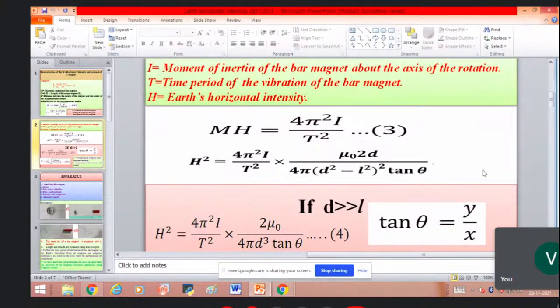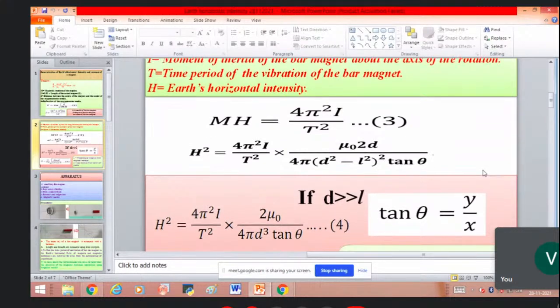And if the distance between the center of the magnetic needle and the center of the bar magnet is much greater than the length of the bar magnet, then we can write H square is equal to 4 pi square I by T square into this part, twice mu 0 by 4 pi D cube tan theta.